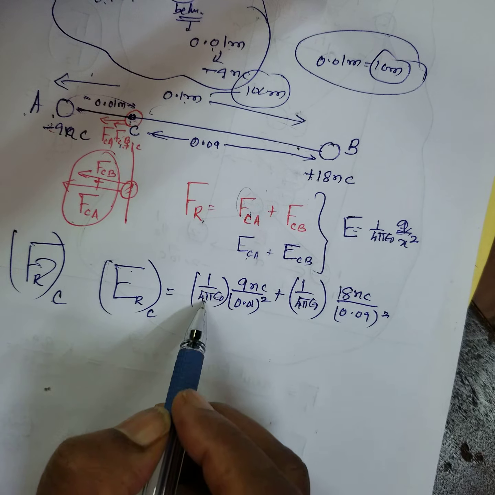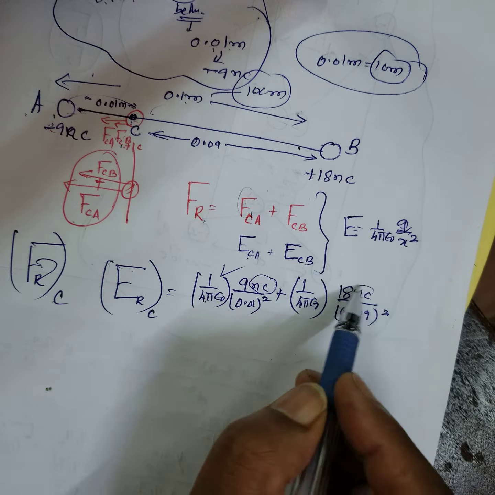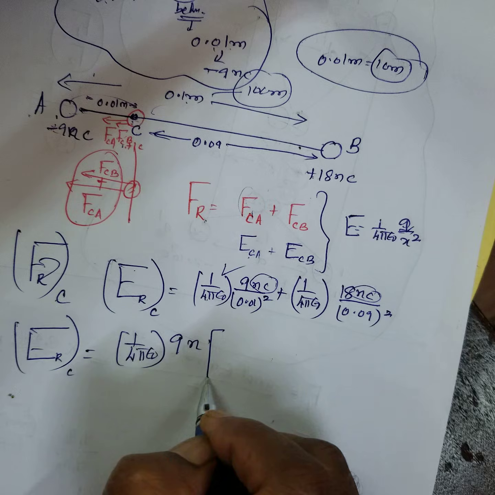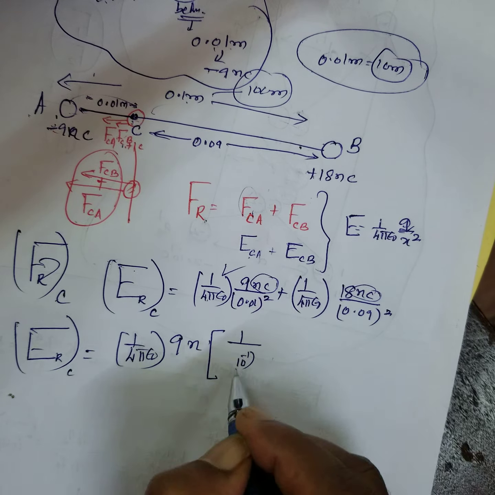Now here, you take the nanocoulomb, 9, all common. Therefore, the resultant electric intensity: I take out 1 by 4 pi epsilon naught, 9 and nano. Here 1 by 0.01, which is 10 to the power of minus 2, whole square.